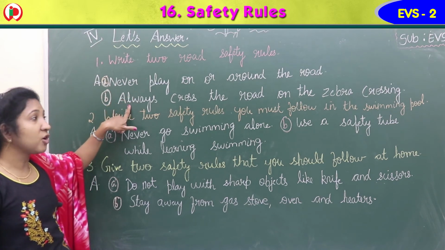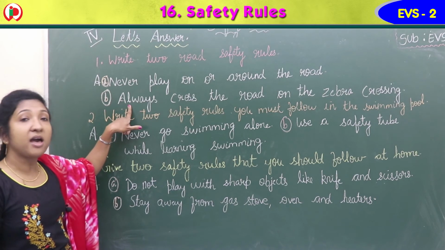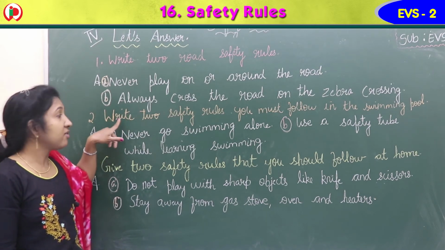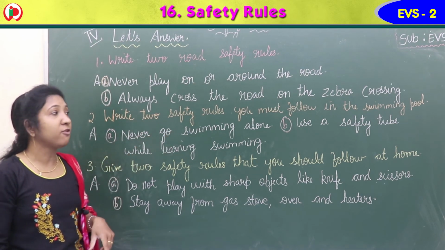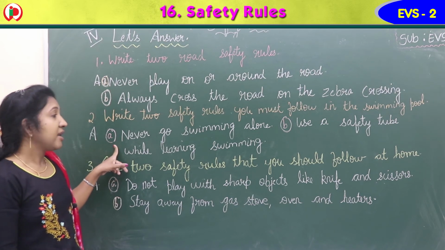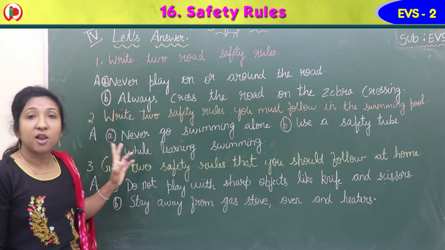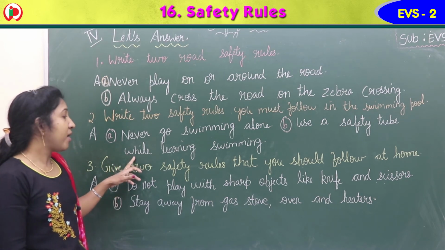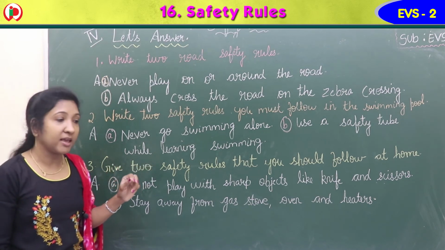Second, always cross the road on the zebra crossing. Second question, write 2 safety rules you must follow in the swimming pool. Answer A. Never go swimming alone. B. Use a safety tube while learning swimming.